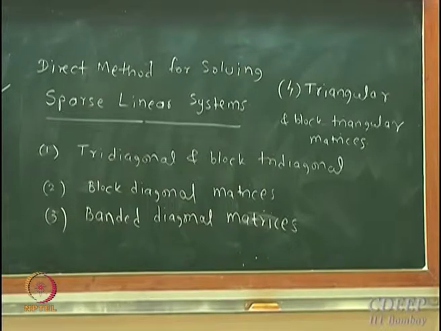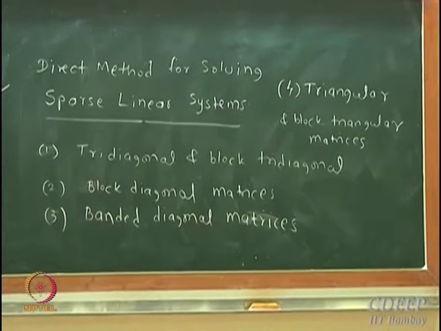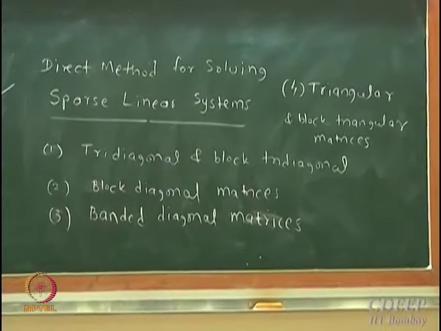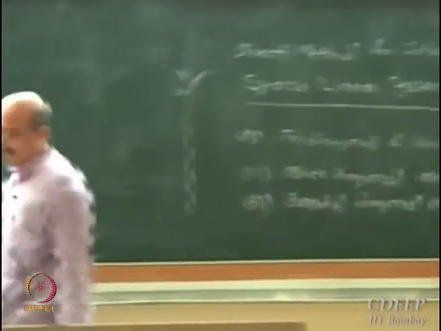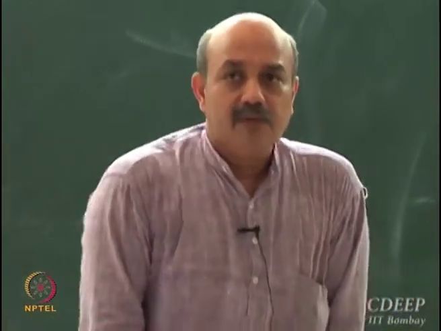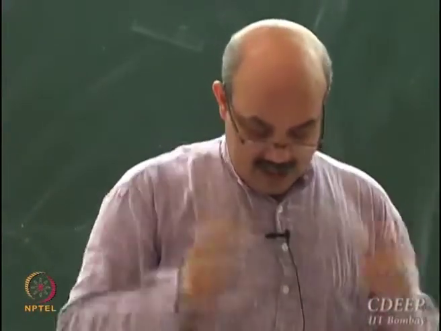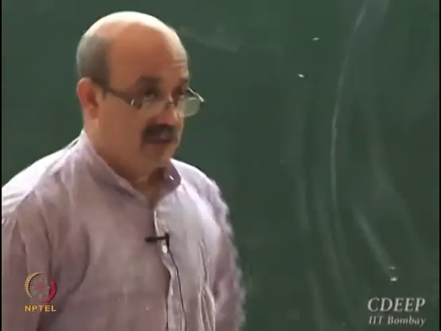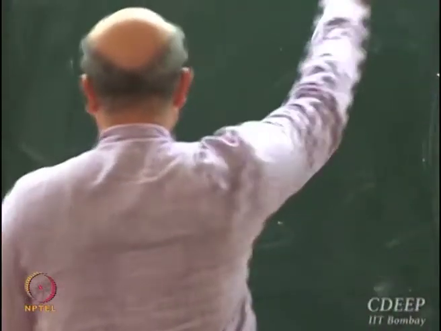A block diagonal matrix will appear in orthogonal collocations on finite elements, OCFE. A block diagonal matrix would look something like this.